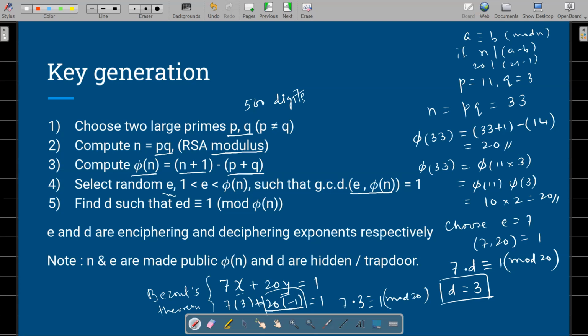Oh, you didn't get the mod from that equation. I did not get your question. Sir, I'm asking whether the mod equation 7 into 3 comes from that 7x plus 20y equal to 1. Exactly.